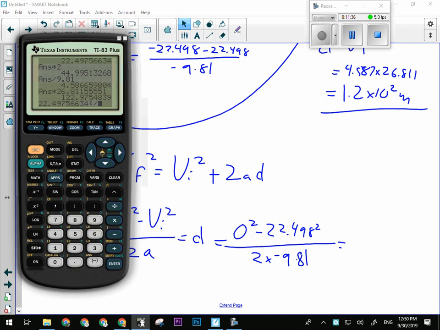Squared divided by 2 times 9.81, so 19.16. Okay, so the maximum height is going to be 26 meters.